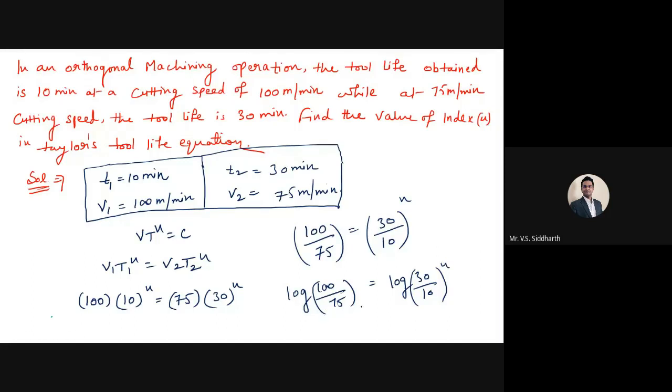So what is log m raised to n? I will get log 100 by 75 equals n log 30 by 10.